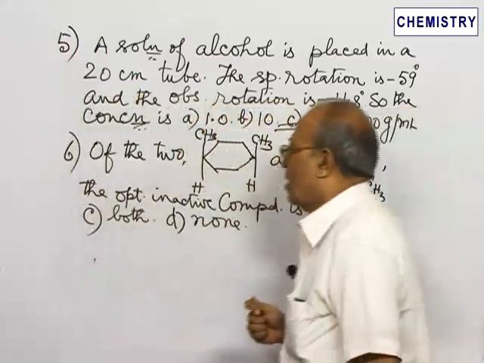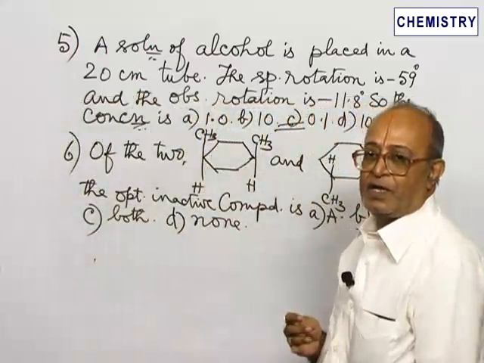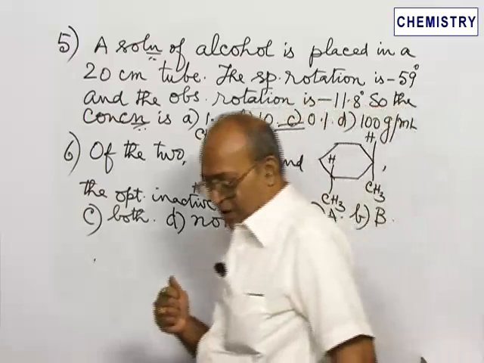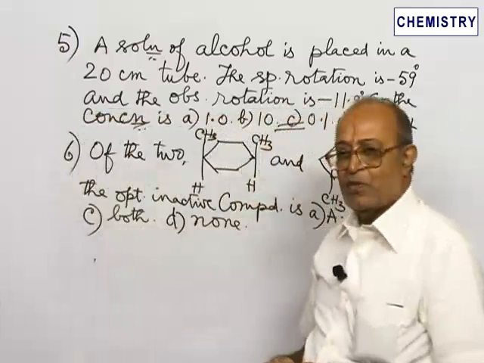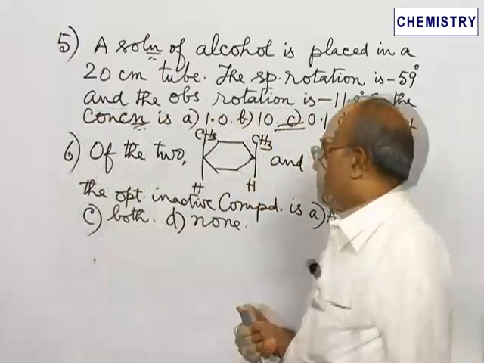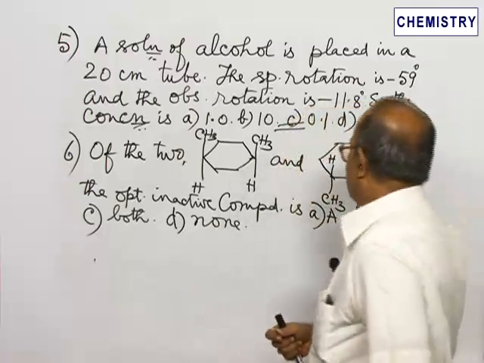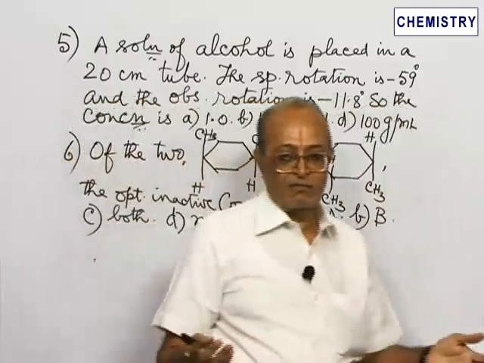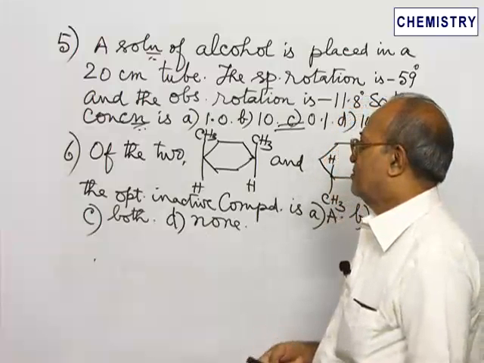Of the two compounds, which compound is optically inactive? Or I can also modify the question in this fashion, that is, of these two, which will be cis and trans.